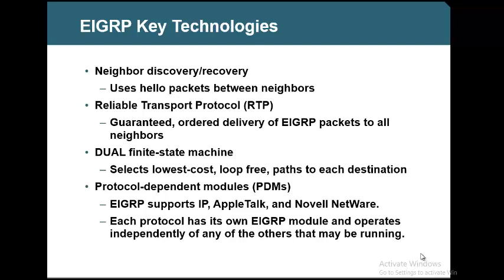Not only that, when the hello packet stops coming, the router understands that the neighbor is dead. And if a hello packet comes again, the router recovers the neighbor. So it is the same hello packet which is used for both discovery and recovery of a neighbor.